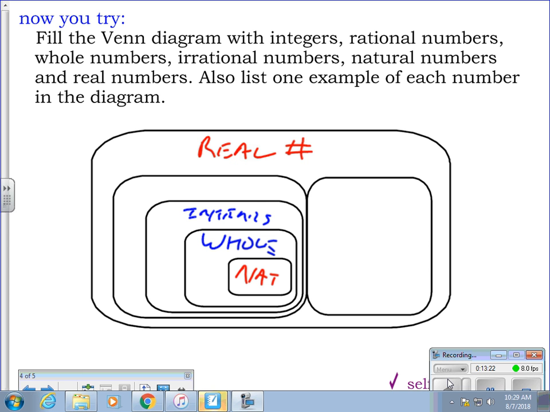And then the next one is rational, because every one of these is a rational number, since I can write every one of the ones inside there as a fraction.